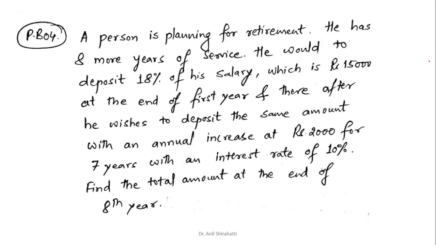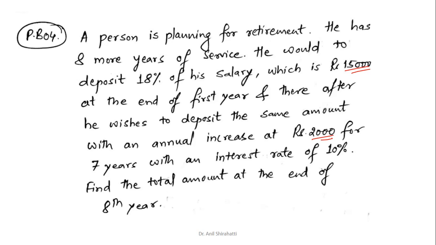So what is happening? A person will be retiring after 8 years. So let's say from today, after 8 years he is going to retire. So he wants to save some amount. Every year 18% of his salary, that is around 15,000, he wants to deposit, which he wants to increase at a rate of rupees 2,000 per year.